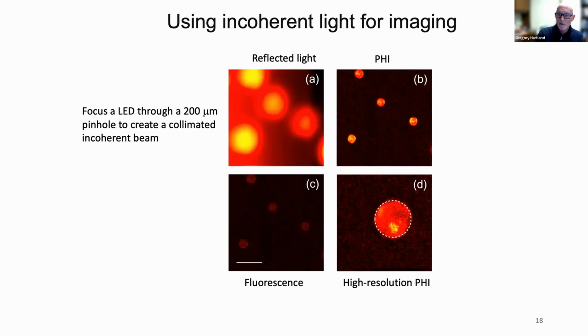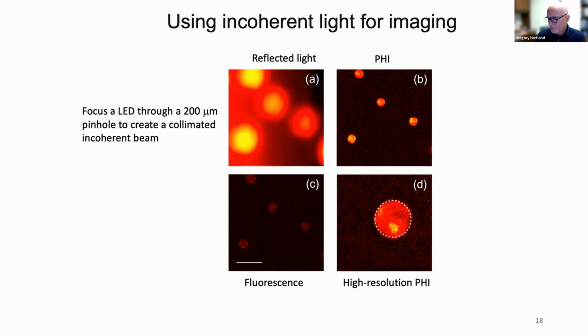Okay. So I think the way to see that would be to look at this image here. On panel D, that is a photothermal image of one of the beads, and the circle there is 6 microns. So the spatial resolution now is just the bead in this measurement.